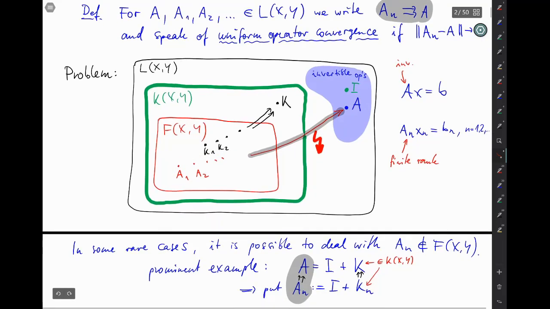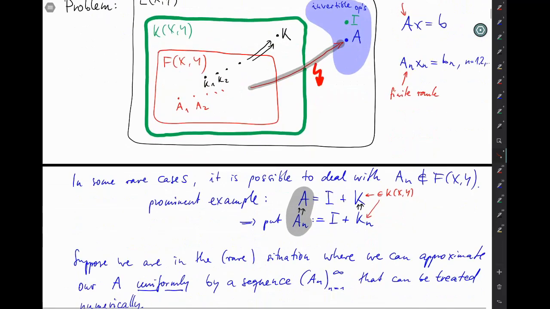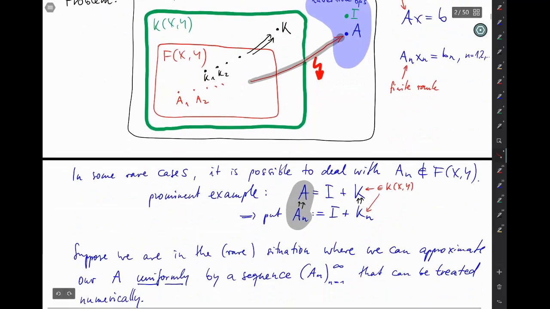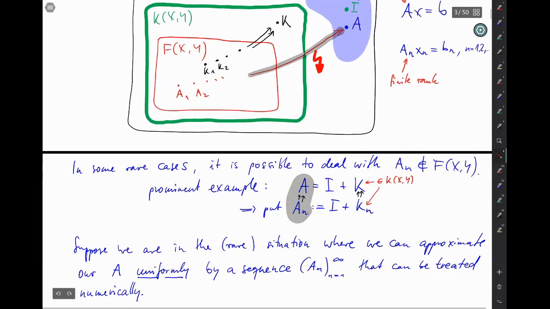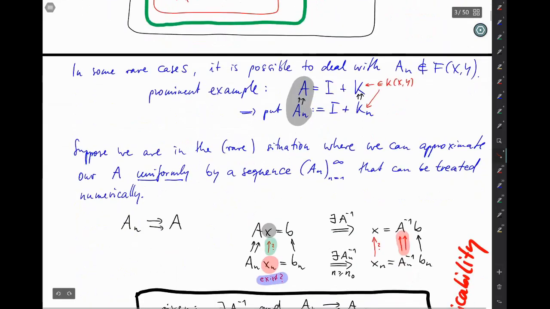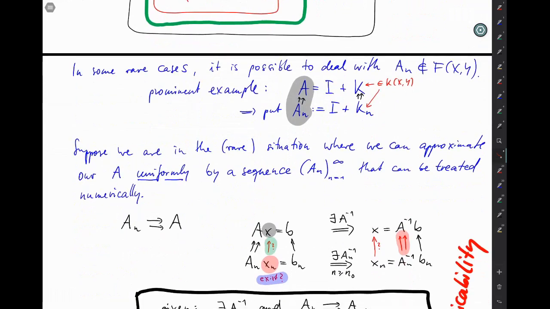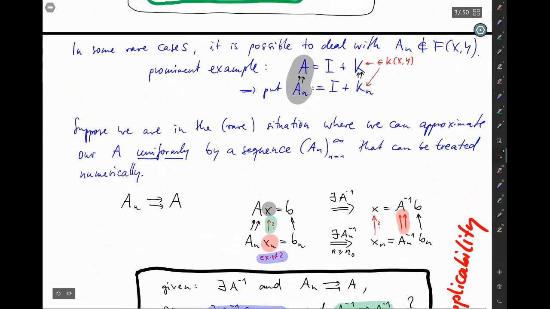Okay, you cannot do that. Only in some rare cases it's possible to deal with an not a finite rank, and then you can achieve uniform convergence. So we need this other kind of convergence, right?